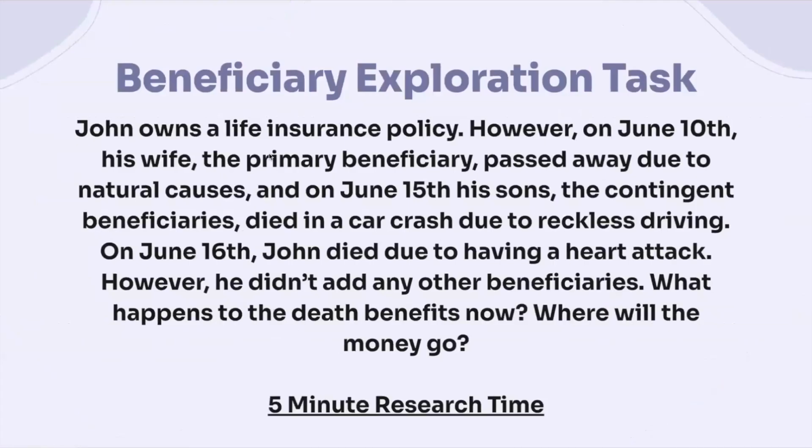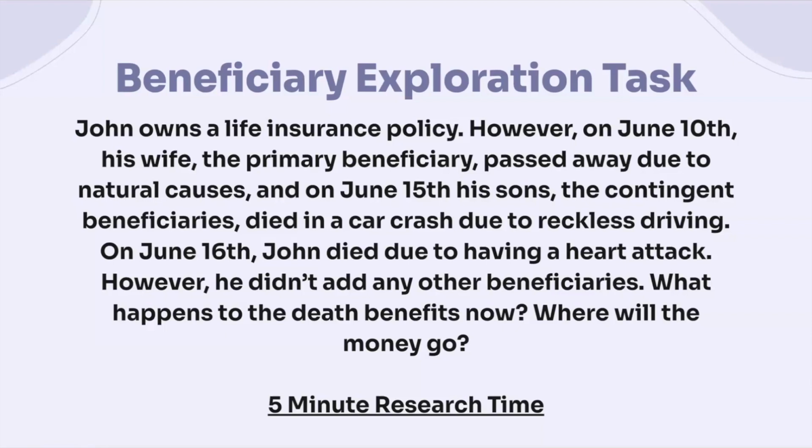Now, let's take a look at this beneficiary exploration task. What happens when John owns a life insurance policy, however, on June 10th, his wife, the primary beneficiary, passed away due to natural causes. On June 15th, his sons, the contingent beneficiaries, died in a car crash due to reckless driving.